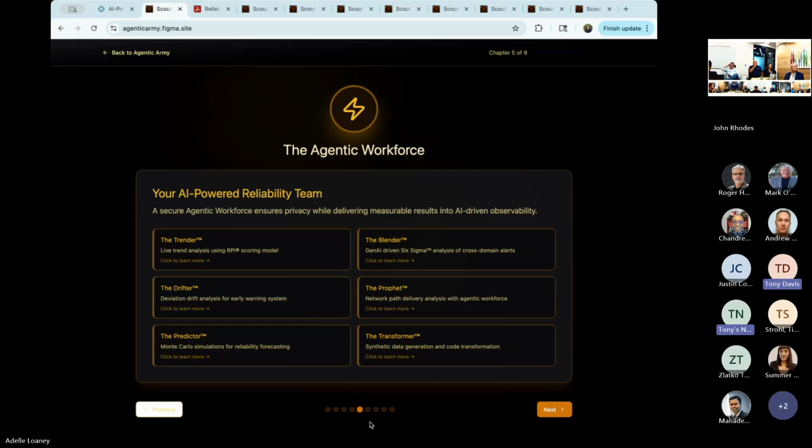The reason we developed this, John and I both had a similar background. I remember personally leading IT operations for FedEx.com and only getting alerted when there was already a problem, right? So what we developed the Drifter agentic to do is use drift analysis, quartile analysis is the best way to think of it, to look at the Q1 to Q3 box size of every metric that we monitor for our customers.